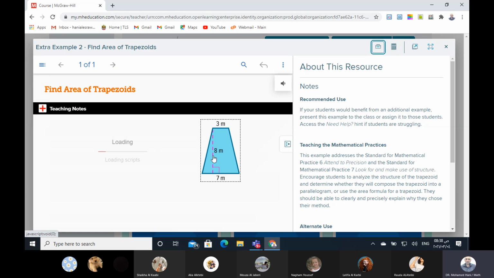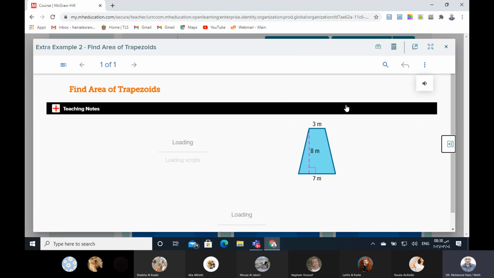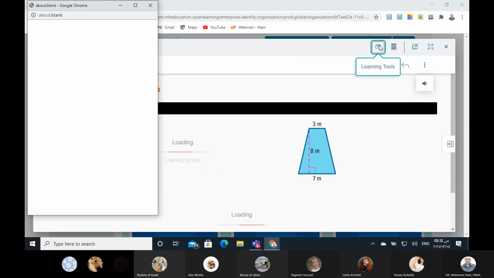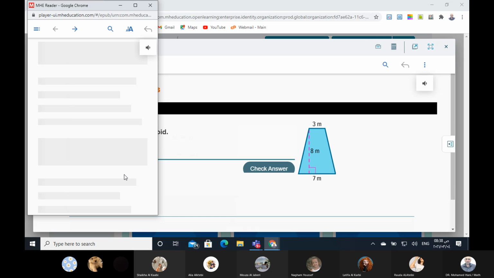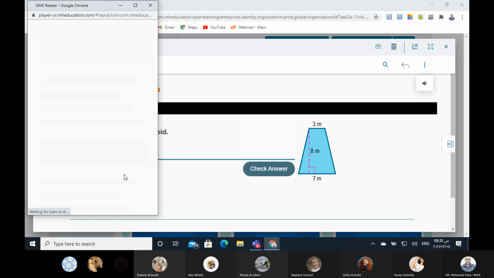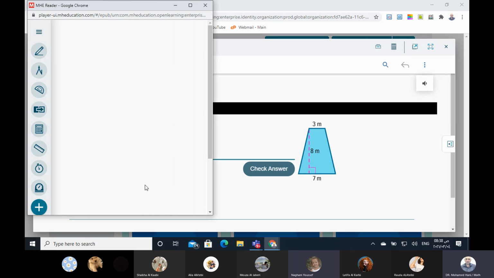Try to find the area of this trapezoid, please. Mister, is the answer 40 meters? Excellent, thank you. What do I do at the first step? Take the information from the figure. As you see here, we have a trapezoid.